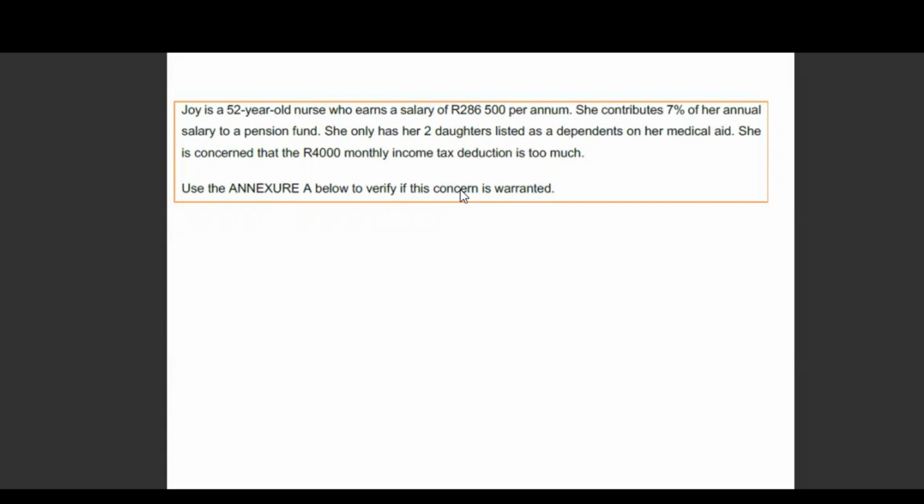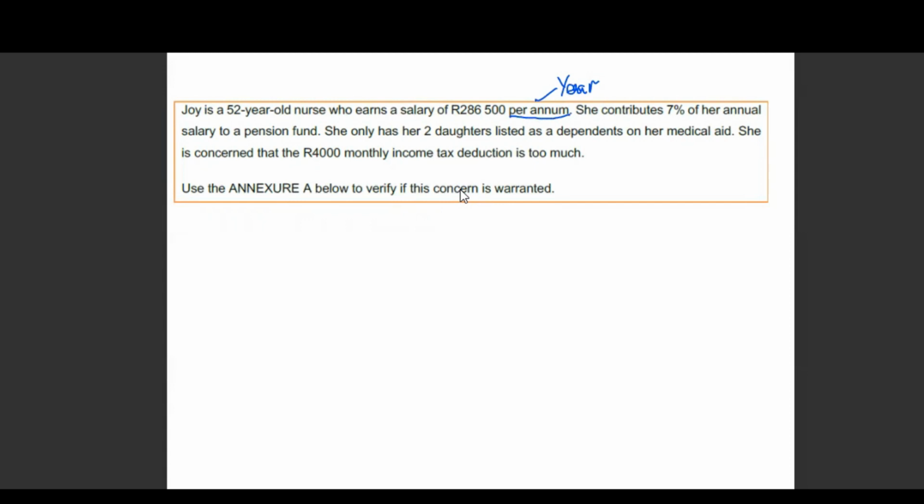Joy, she earns per annum. So simply meaning this is the money the person earns in a year. You understand? And she contributes 7% of annual salary to pension. So part of this money, 7%, goes to pension.